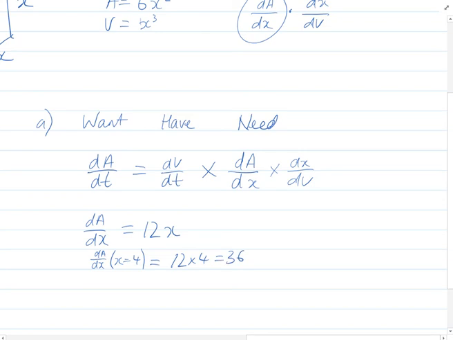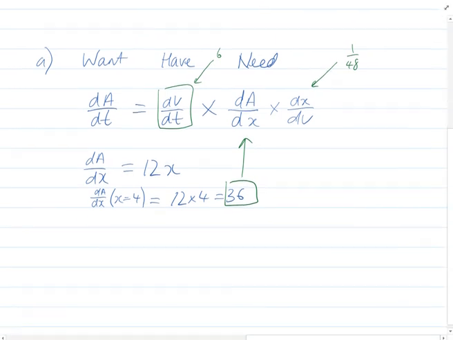So now we can just do our sort of color mix and match. So this here is going to go into here. We know that dx by dV is 1 over 48, and we know that this one here from our original question is 6. And so we just need to substitute each of these values.